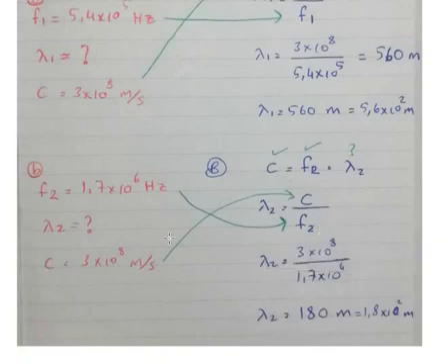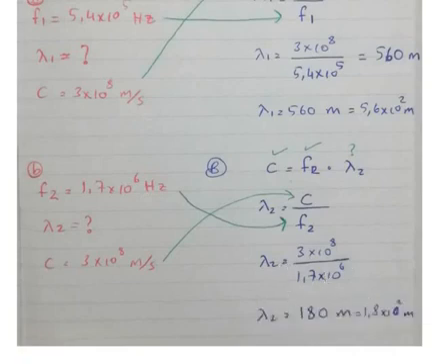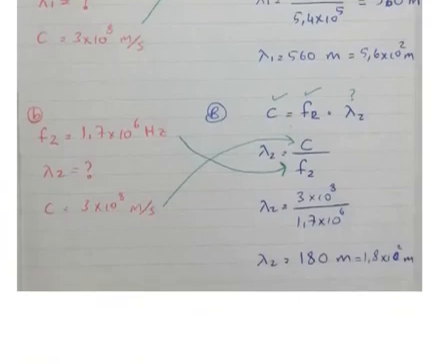By replacing C with 3 times 10 to the power 8 and F2 with 1.7 times 10 to the power 6, and dividing those numbers, we get the result of 180 meters, or as it's written in your book, 1.8 times 10 to the power 2 meters. Those are the results of sample problem 5a.